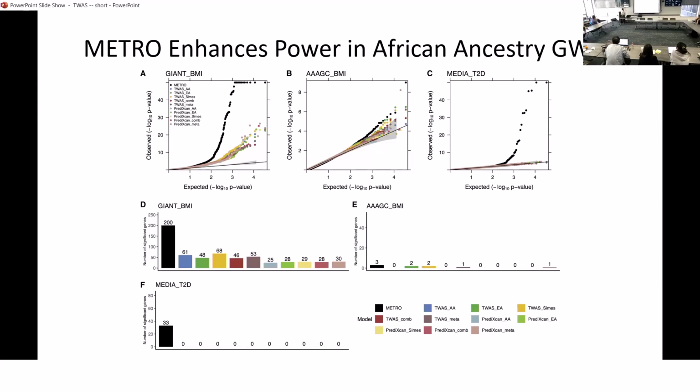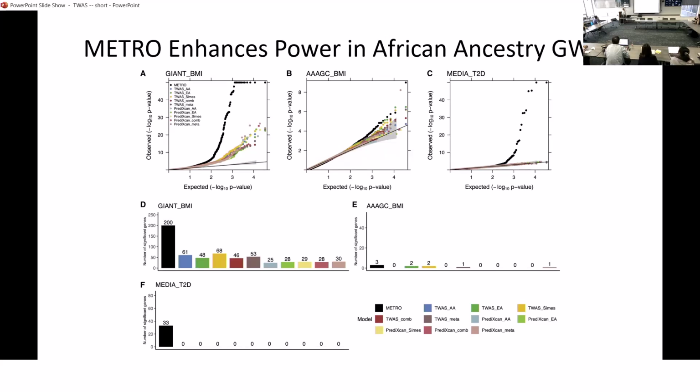So in fact, that's what we see here. I'm going to show you 3 different data sets: BMI from the GIANT study, BMI from AAGC, and also type 2 diabetes from the MEDIA study. Those 3 are all African American GWAS studies. If you simply run any other methods using just a European-sampled eQTL study, you will see that the power is okay in the first study because it's GIANT, you have a large sample size, and you tend to see signals.